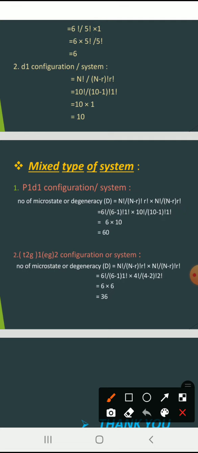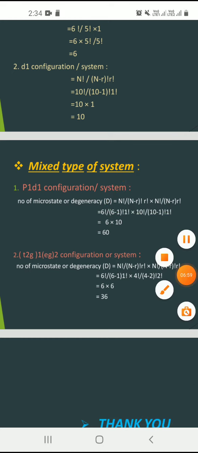Here a mixed type of system is present, therefore we take two formulas, one for p1 and the second for d1, and after that we calculate the number of microstates for p1 and d1 separately, as in the above examples where we saw how to calculate the number of microstates for one system.